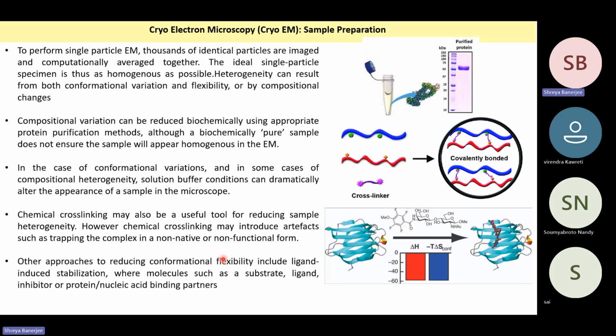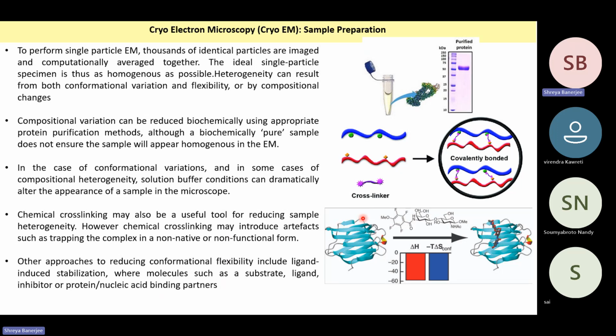Another approach to reducing conformational flexibility includes ligand-induced stabilization, where molecules such as a substrate, ligand inhibitor, or protein nucleic binding partners are used. So basically what they are saying is that you have a protein and you are attaching a ligand to the protein.